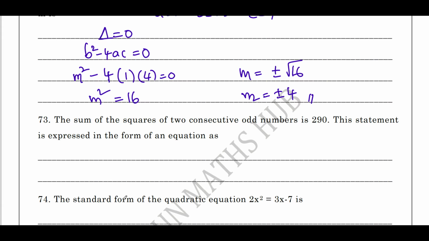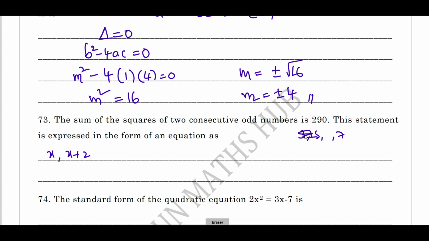The sum of squares of two consecutive odd numbers is 290. The two consecutive odd numbers are of the form x, x plus 2. Why x plus 2? If I take the odd number 3, the next number will be 5. You should add 2 to 3 to get 5. That is, to get the next odd number you will be adding plus 2, to get 7.